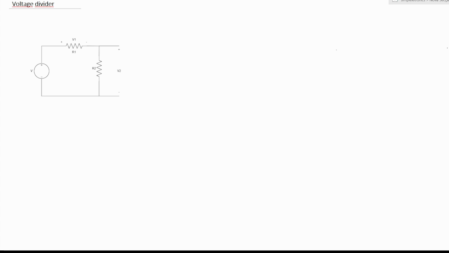So, applying the Kirchhoff voltage law along the closed path we have here, okay?